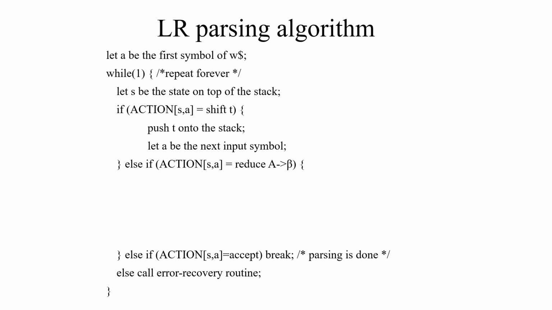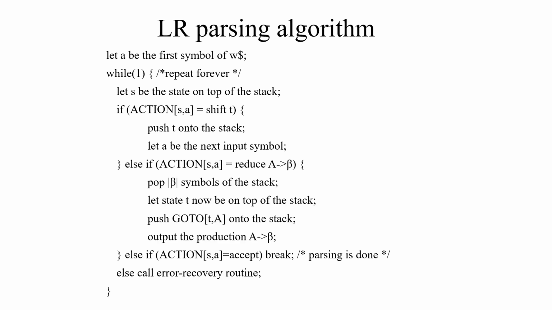Suppose it is a reduce move. Reduce move means let us assume it is A derives beta. So we have three steps here. Initially, we have to pop some symbols from the stack. How many symbols? The total number of symbols in the right hand side of the production. That many symbols we have to pop from the stack.